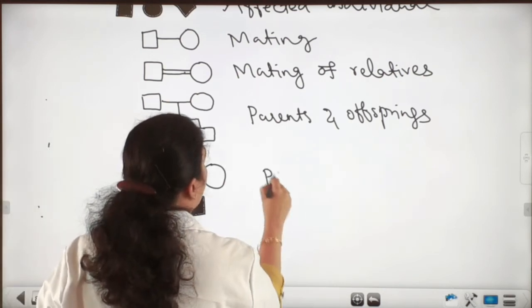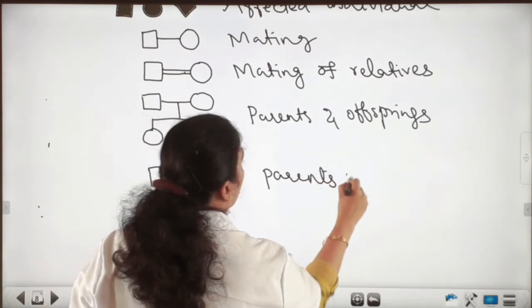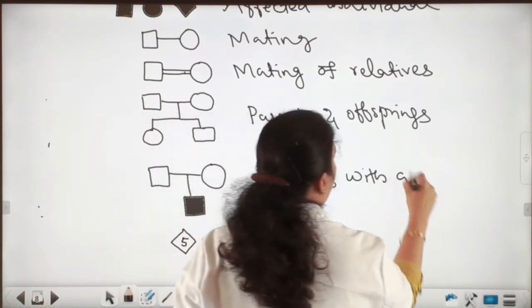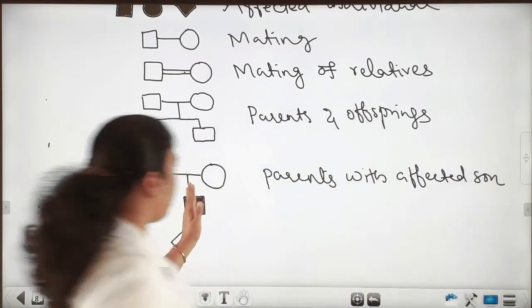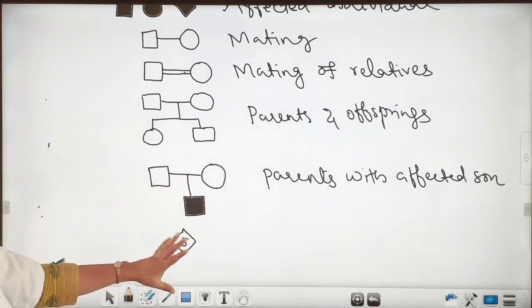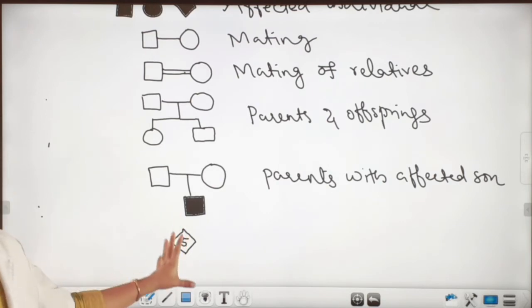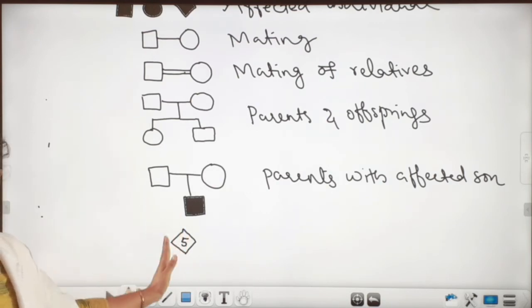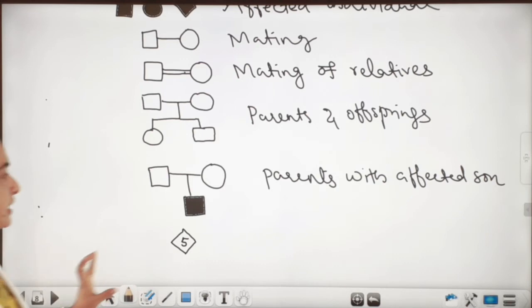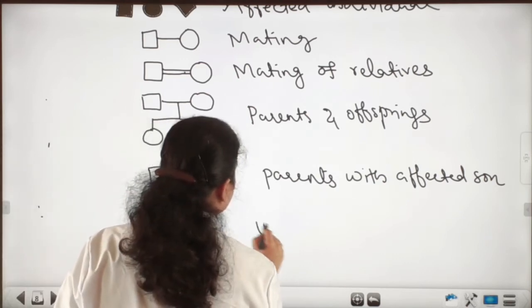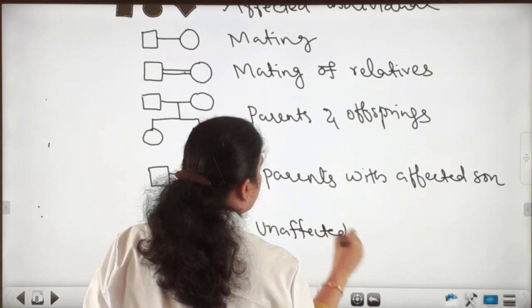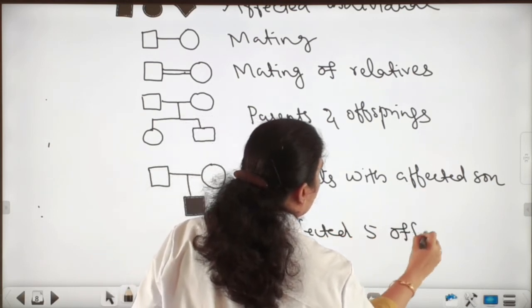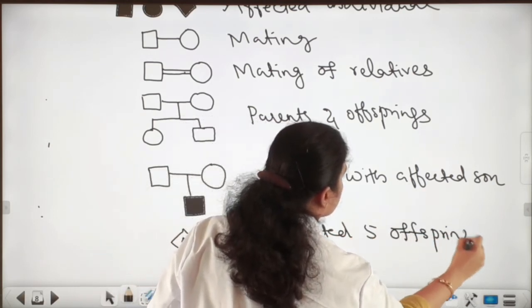So parents with the affected son. That is the meaning of that symbol. And this is the children, the five unaffected offspring.